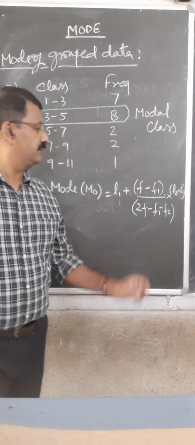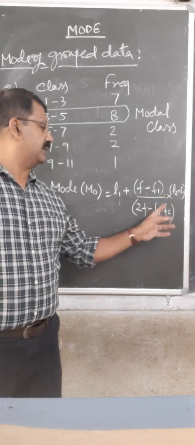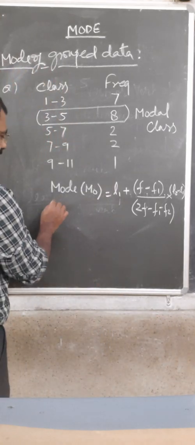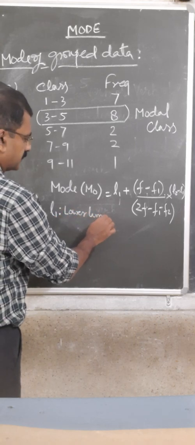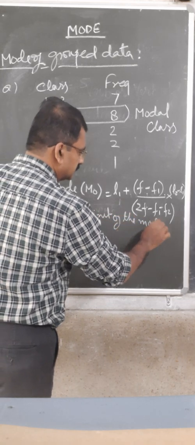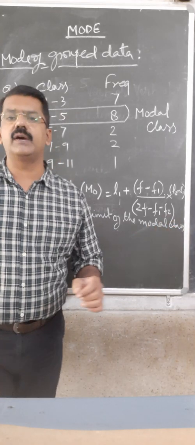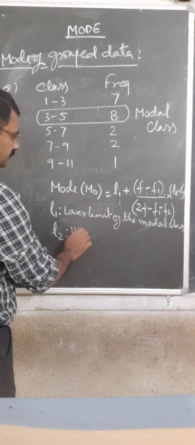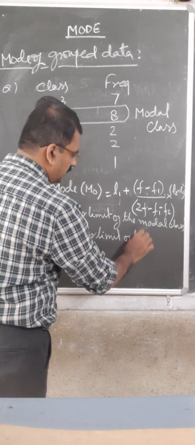Now in this formula, L1 is the lower limit of the modal class, and L2 is the upper limit of the modal class.